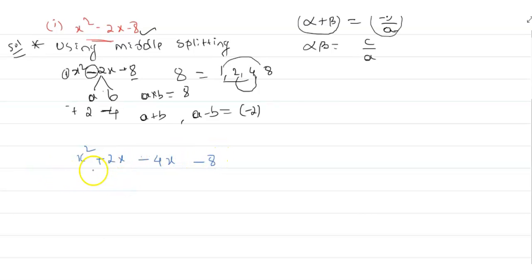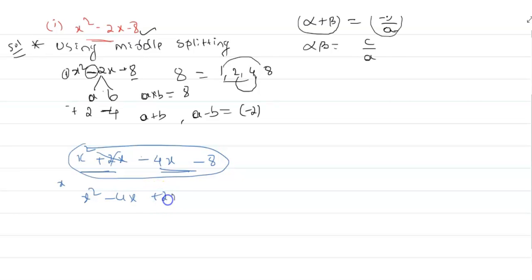I have to split like this. Now in these two terms, let's take common. I can't write it like this, so I'll write it like this: x square minus 4x plus 2x minus 8. The bigger value I have to write first.